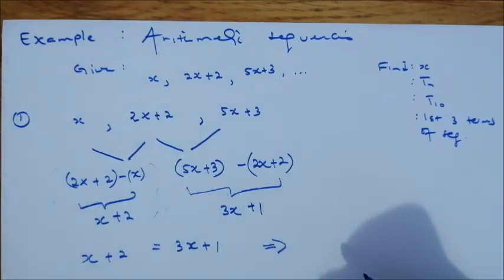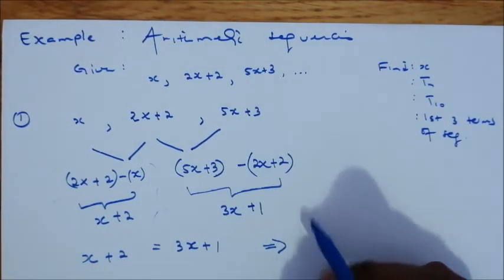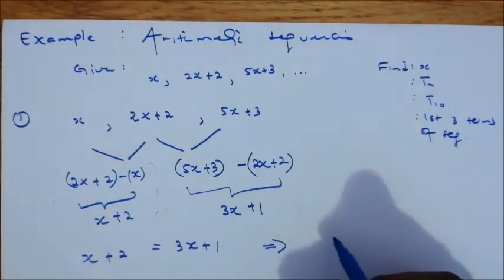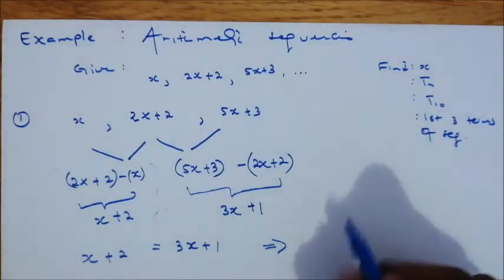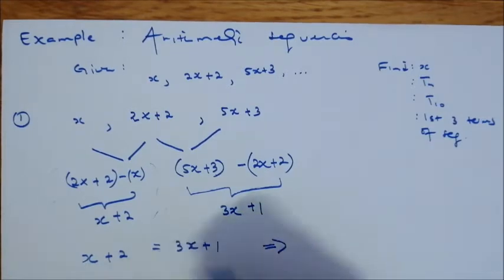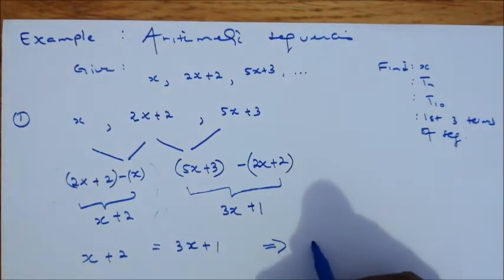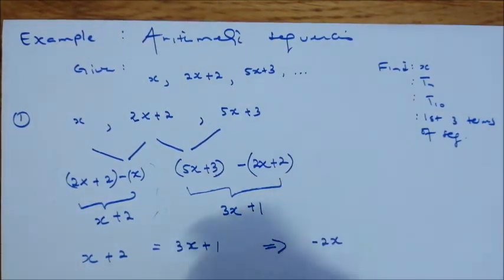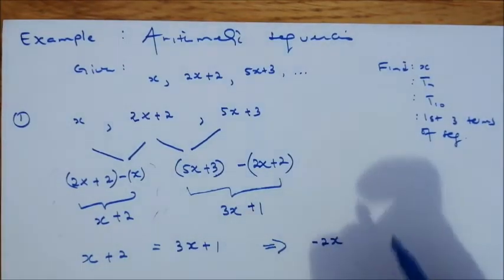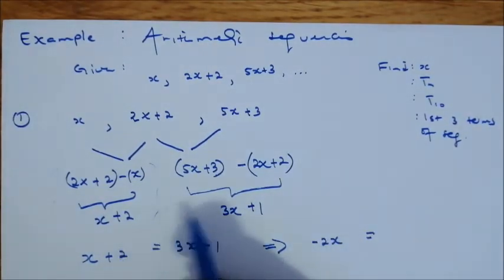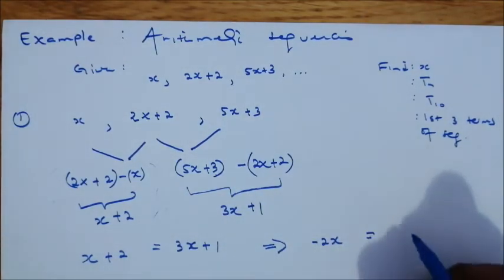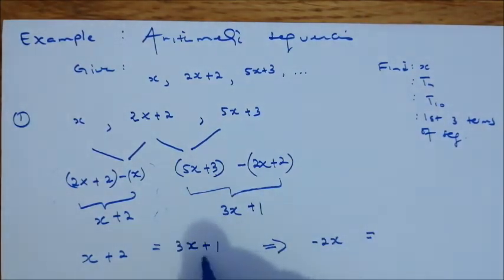Right? Okay. So we can say take x this side. Let me do it like this. Let me take 3x the other side. So it's going to be minus 2x, right? So it's going to be minus 3x plus x. So it's minus 2x equals, I take 2 the other side, then it's going to be 1 minus 2.